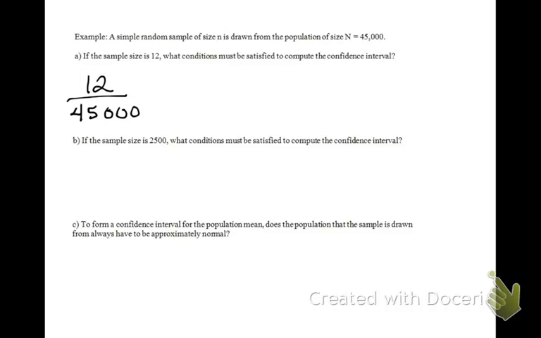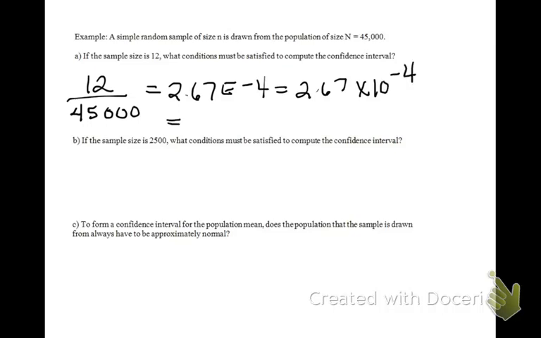So we'll divide these two numbers, sample size divided by population size. This is 2.67 e negative 4, which is scientific notation for 2.67 times 10 to the negative 4th power, which basically means move your decimal 4 places to the left.